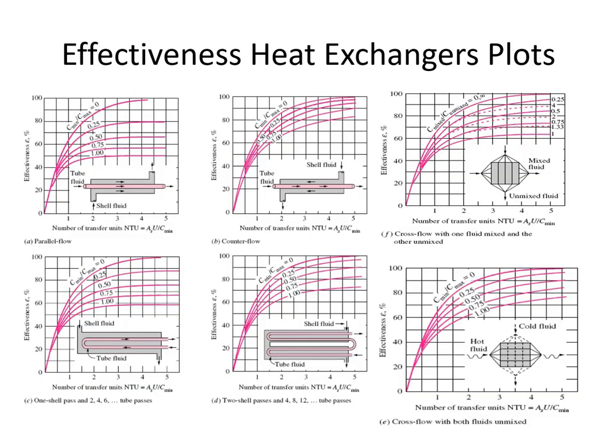For the effectiveness, we also have a graph to determine it. Here you need to have the NTU. Let's say your NTU is 2 and your capacity ratio is 1, and then you will have the effectiveness around 50 here.